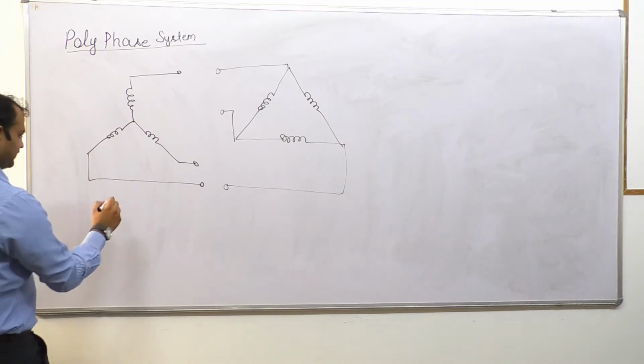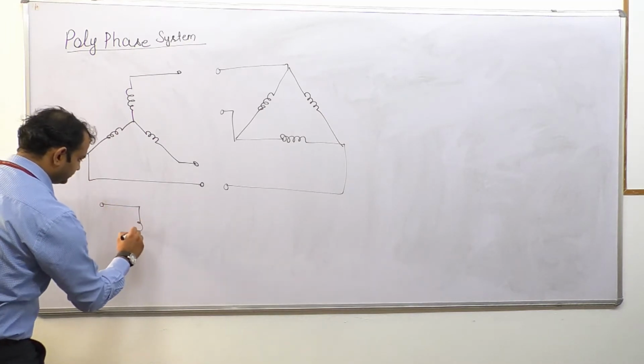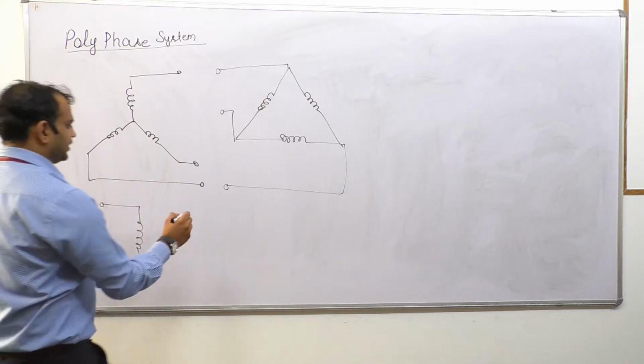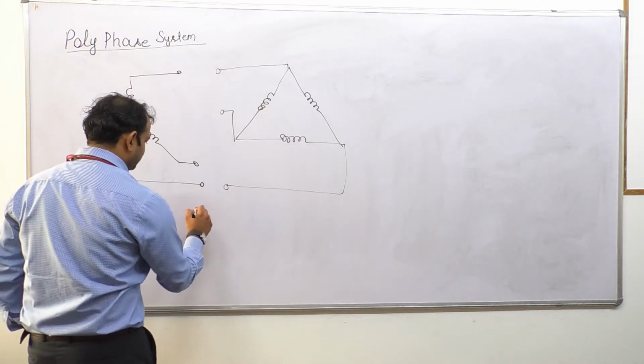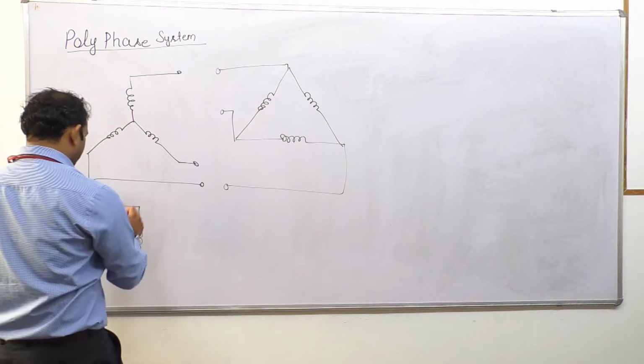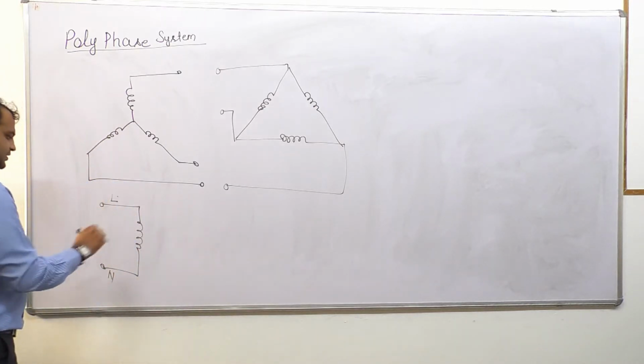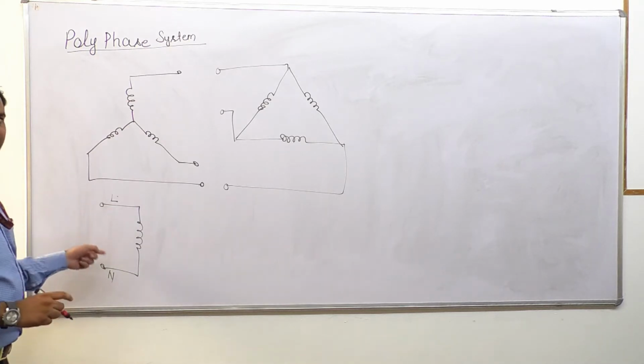In the case of a single-phase system, if this is the line and this is the neutral, this is a single-phase system. There is one circuit.